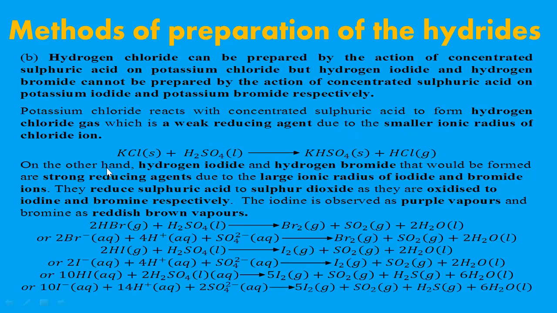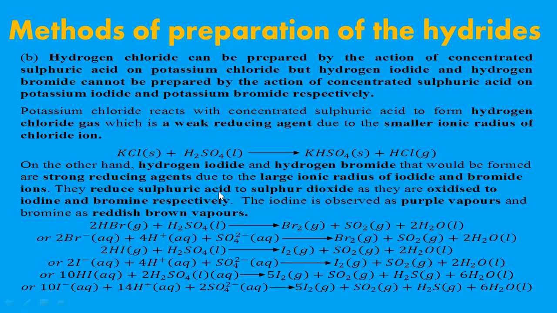However, if we react potassium iodide and potassium bromide with sulfuric acid, the reaction will form hydrogen iodide and hydrogen bromide respectively. But it doesn't end there. The hydrogen iodide and hydrogen bromide formed are strong reducing agents, and hence reduce sulfuric acid to sulfur dioxide as they are oxidized to iodine and bromine respectively, due to the large atomic radius of iodine and bromine atoms.